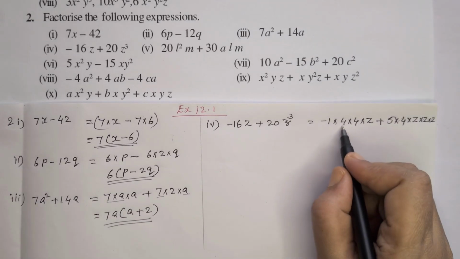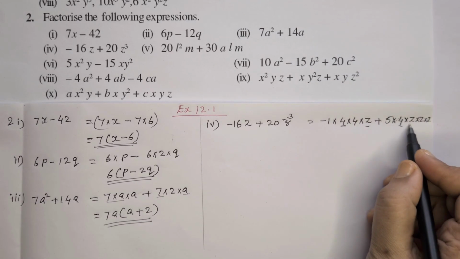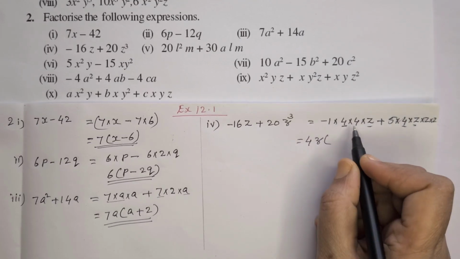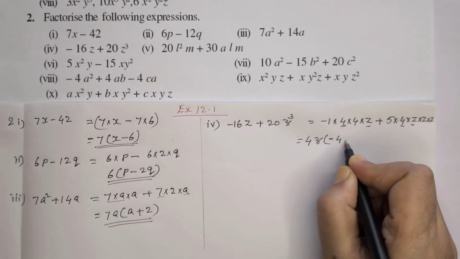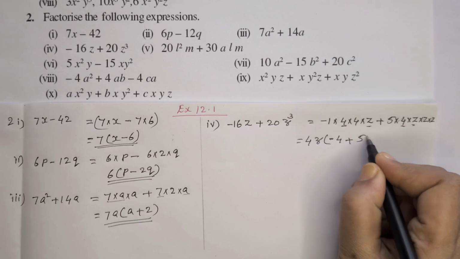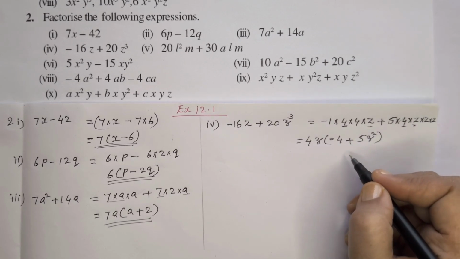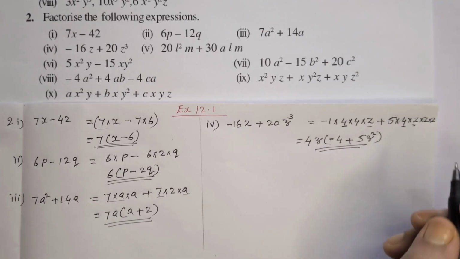From here we can take 4 as common, also 1 z is common. So when we are taking 4z as common, here remaining 4 into minus 1, that is minus 4, plus 5z square. That means 4z into minus 4 plus 5z square is the factorized form.